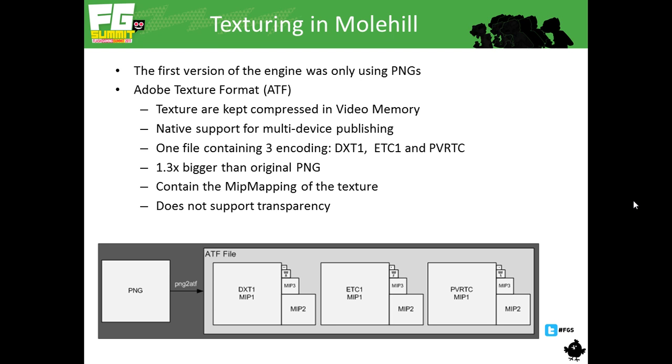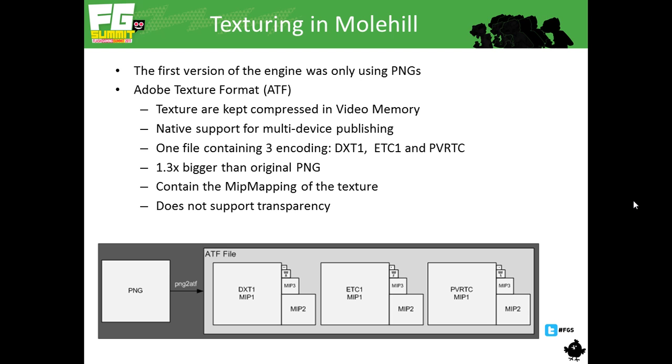So there's a couple of main encodings for that: DXT1, ETC1, PVRTC, those are common formats. And the other goal is to have native support for multi-device or multi-platform publishing. So that's why they created the ATF format.